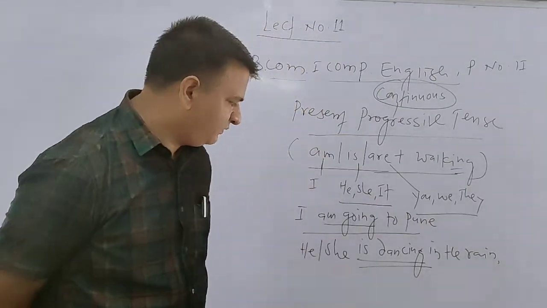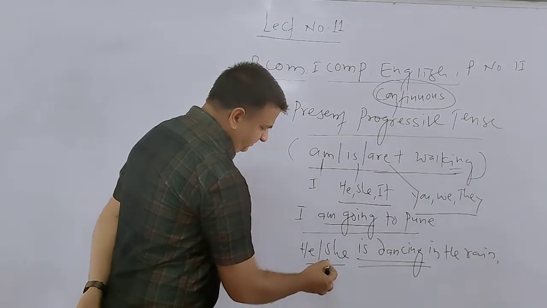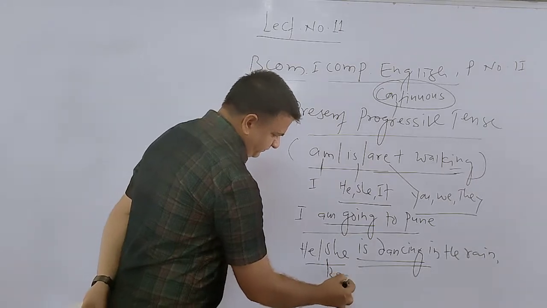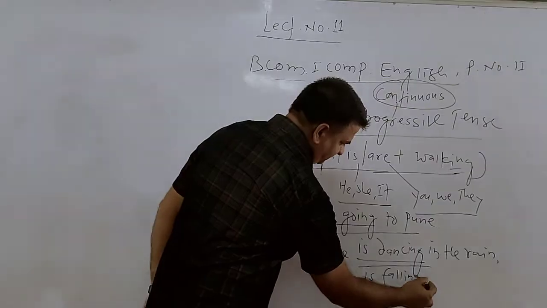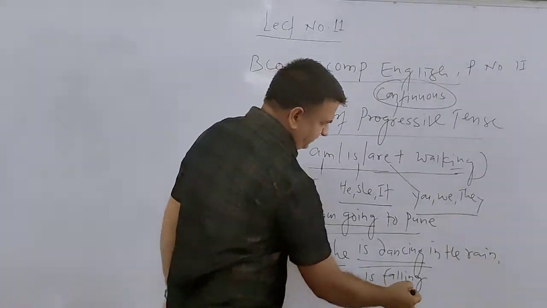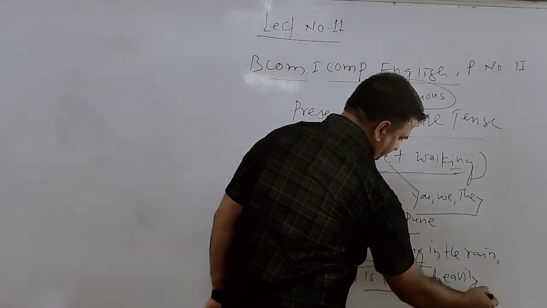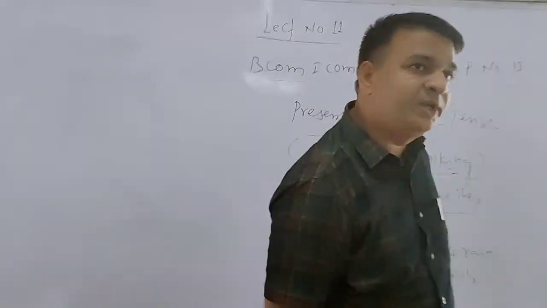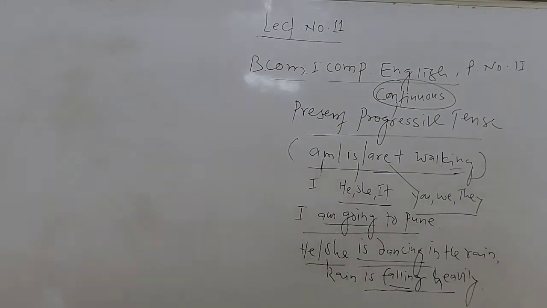Or again, we simply say he, she, it means singular. Rain is falling heavily. पाऊस कसा आहे, मोठ्याने पडतो. Rain is falling heavily. Computer is storing the large amount of data, information or data.